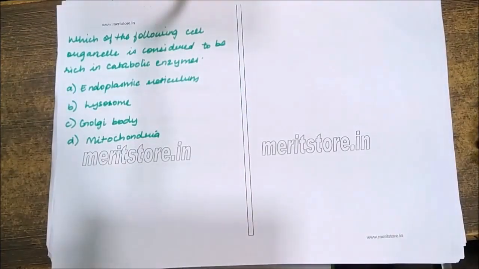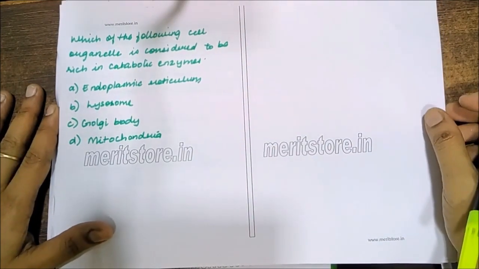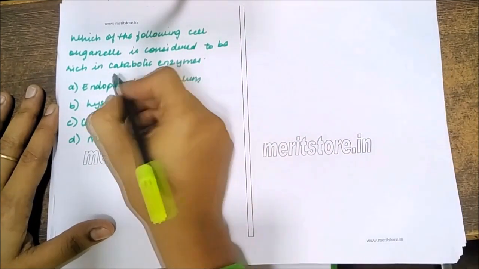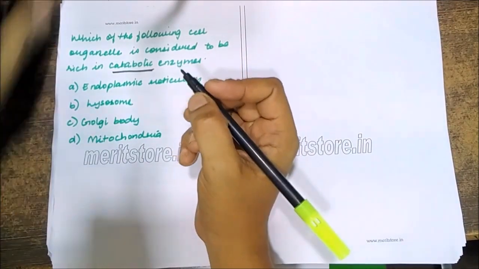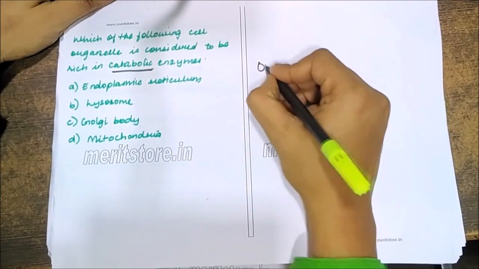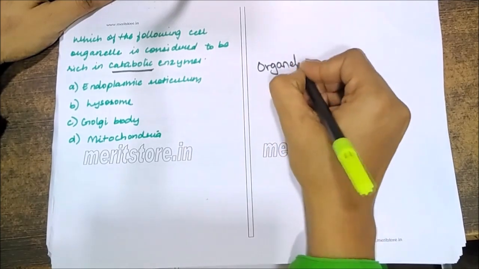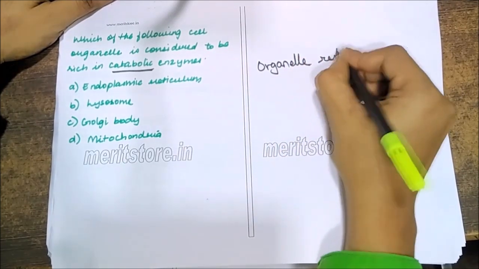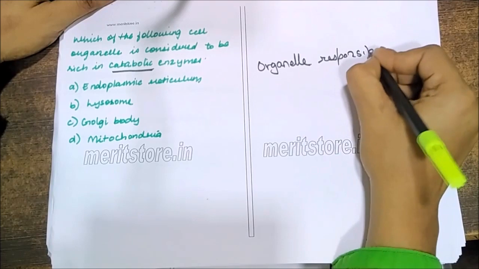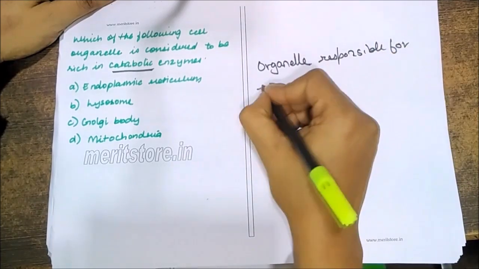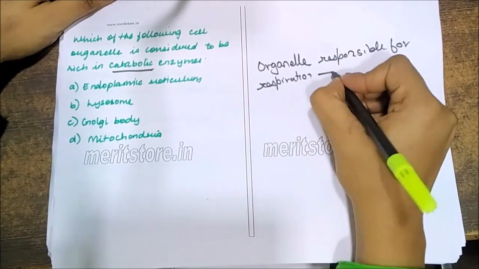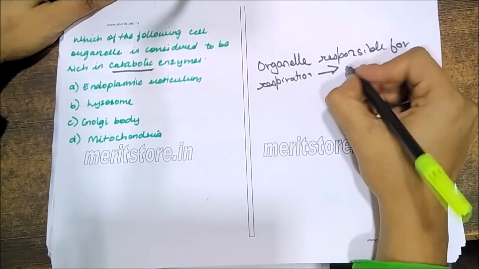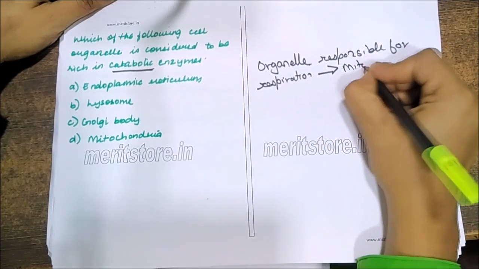Next, which of the following organelles is considered to be rich in catabolic enzymes? See, the organelle that is responsible for respiration, which is mitochondria.